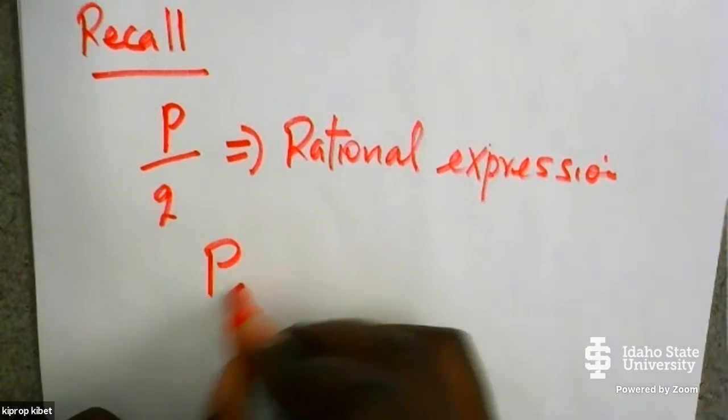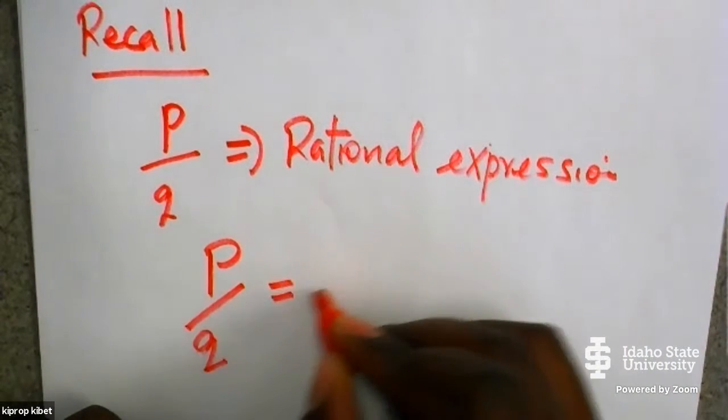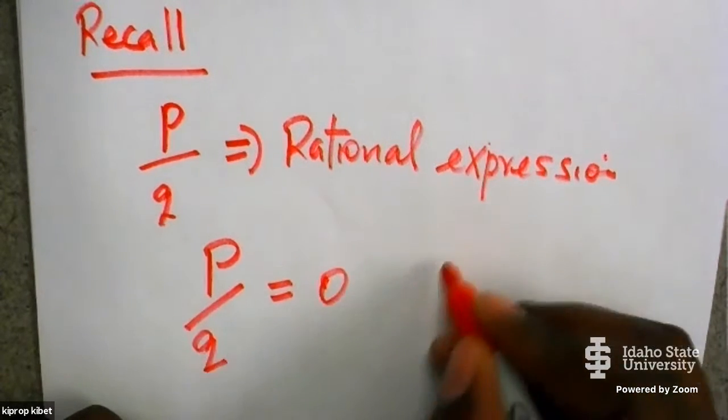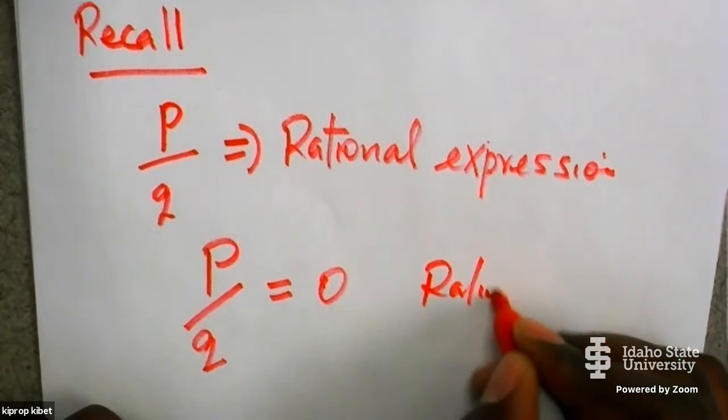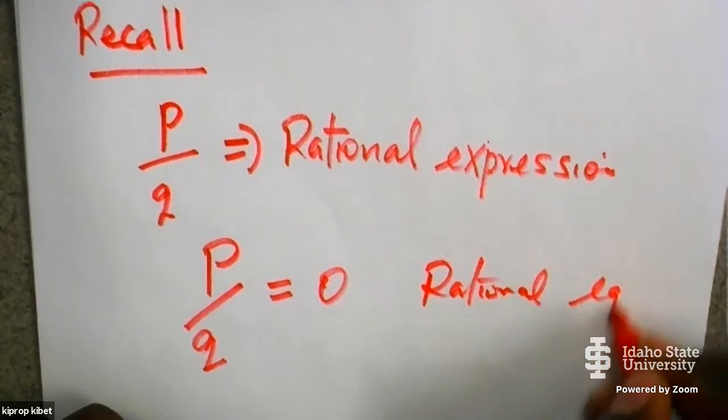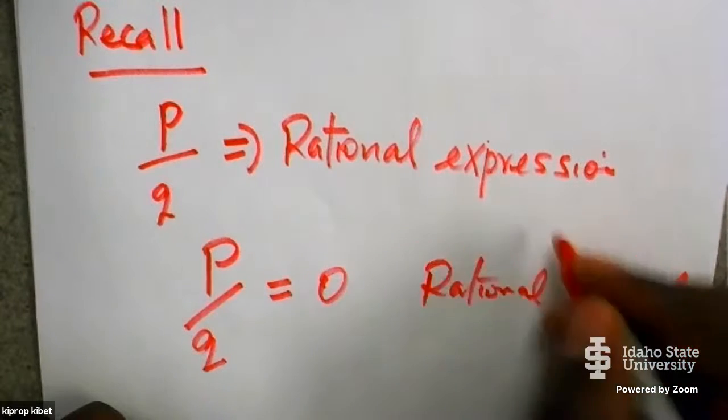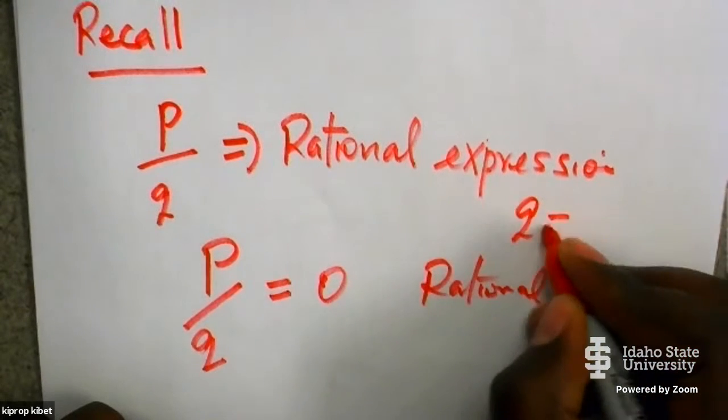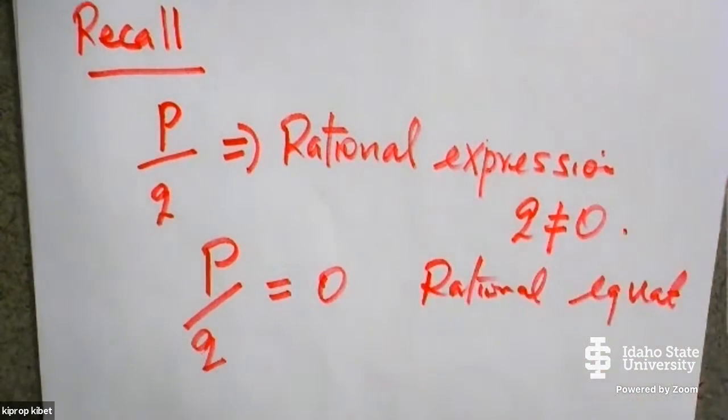Then when P all over Q equals, let's say, 0, this becomes a rational equation, as long as Q is not equal to 0.